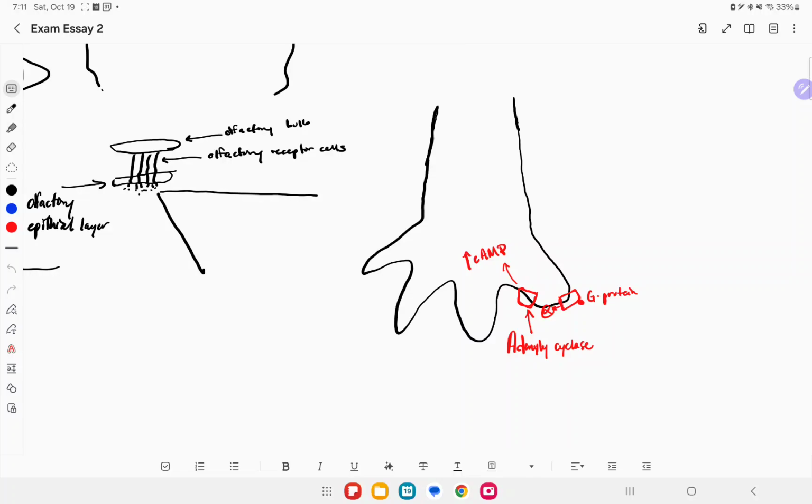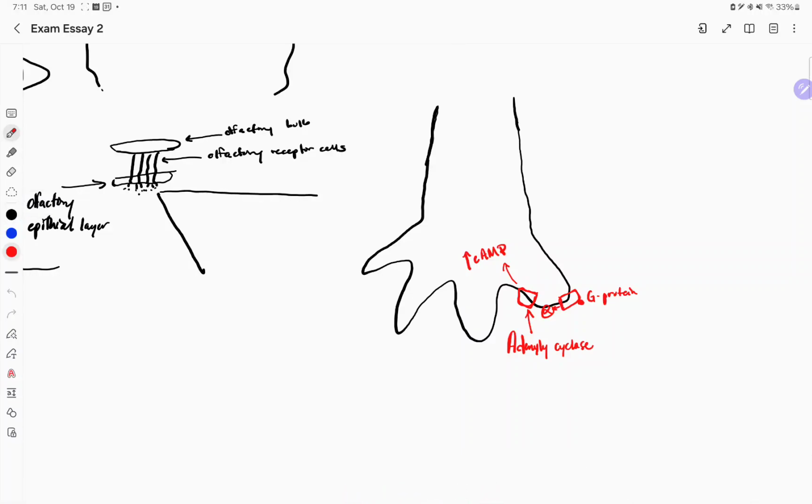And when you have the increase of cyclic AMP, that will cause a chemically gated channel to open, and you'll have sodium and calcium that will come into the cell, and chloride will be driven out of the cell.